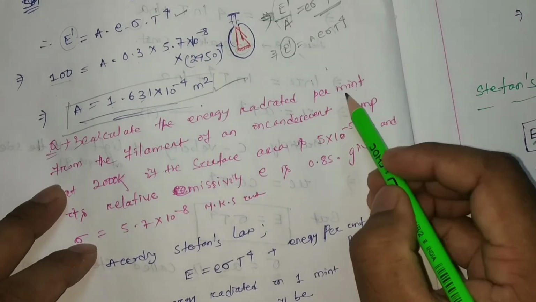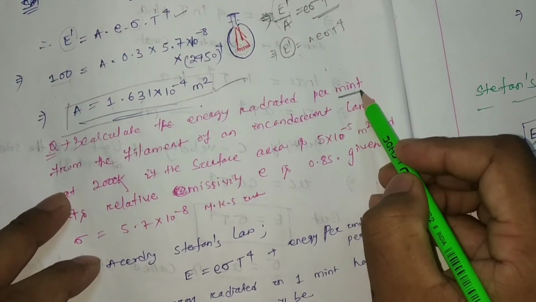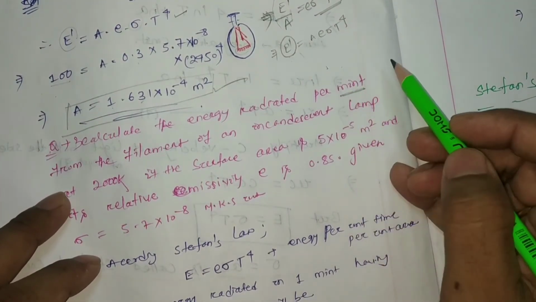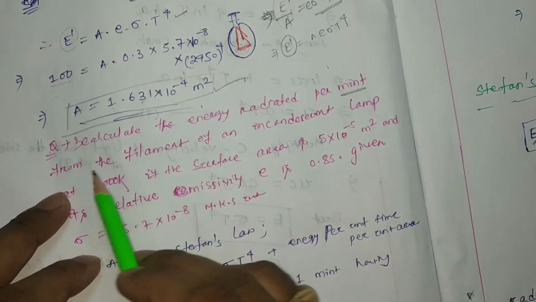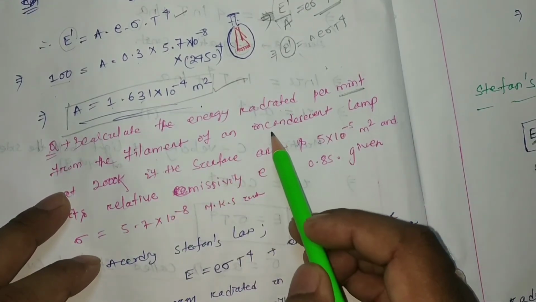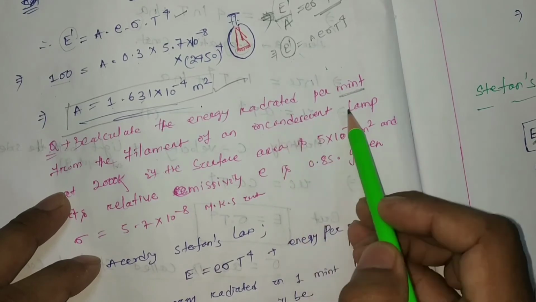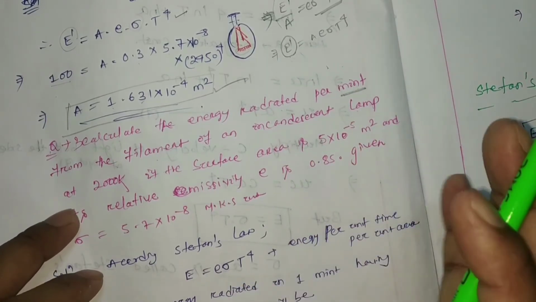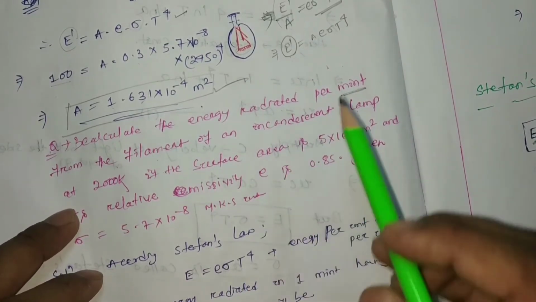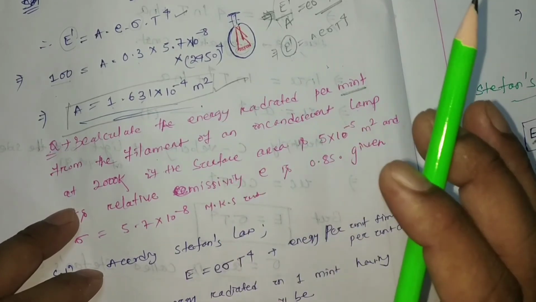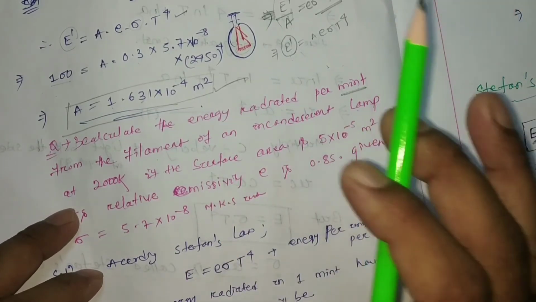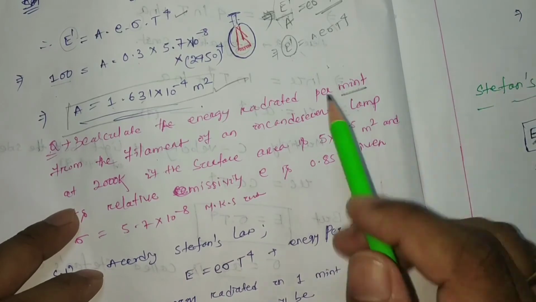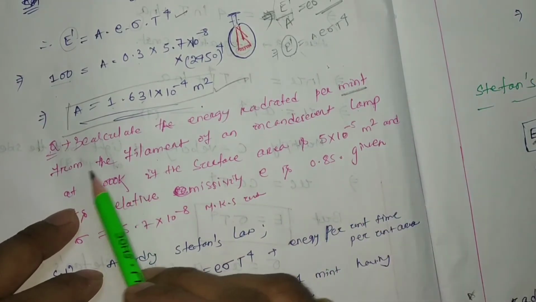Here it is given minute, that means in 60 seconds, how much energy is going to be radiated from the filament of an incandescent lamp. One lamp, just consider a sodium lamp type, whatever you used in your lab for your Newton's ring experiment, that type of lamp.